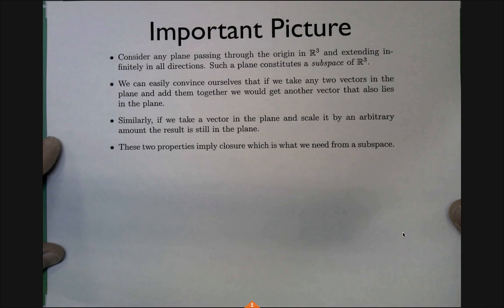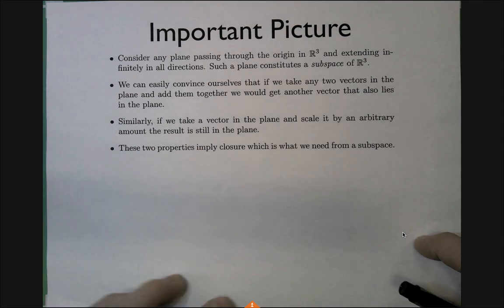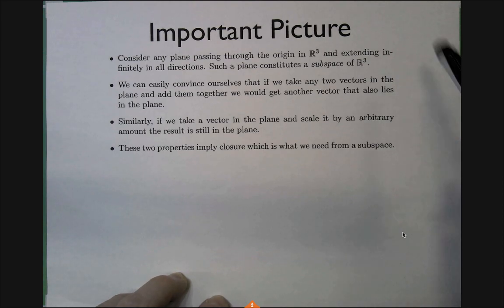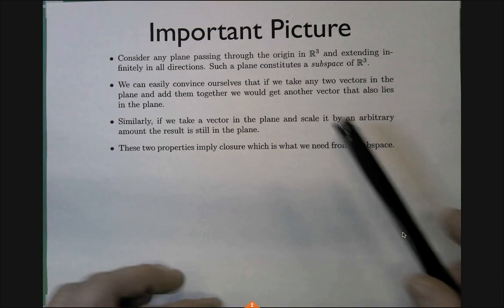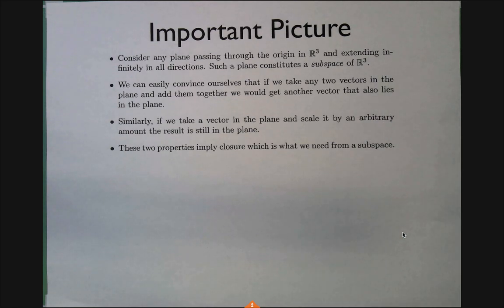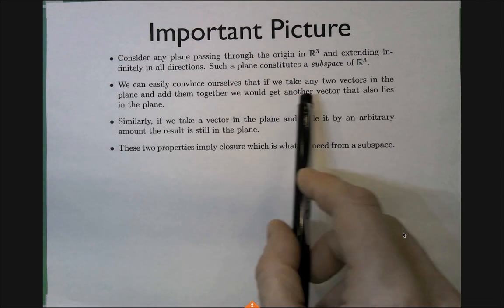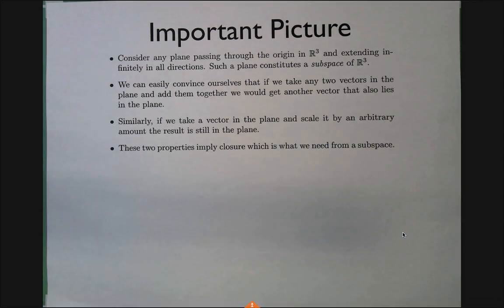Okay, so I think that's quite easy. I have a summary of this discussion on this slide. I just wanted to make it more interactive rather than just telling you. So here we are saying that planes are subspaces. To convince yourself that a plane indeed is a subspace, you need to verify the closure properties.